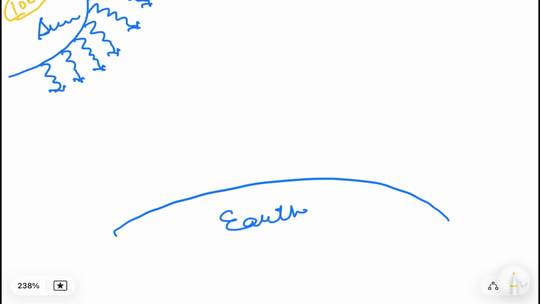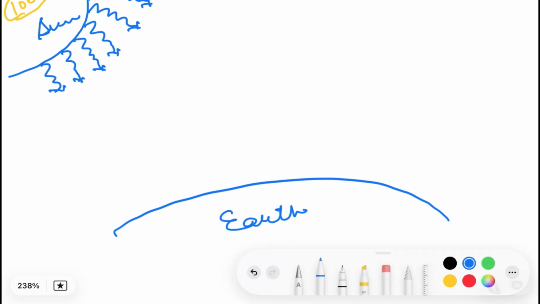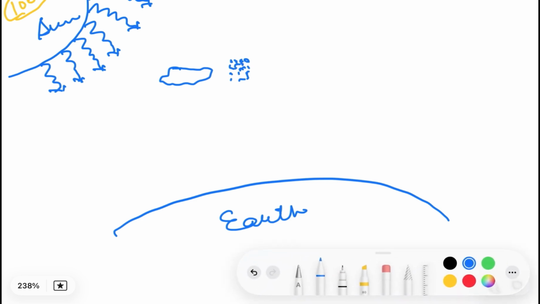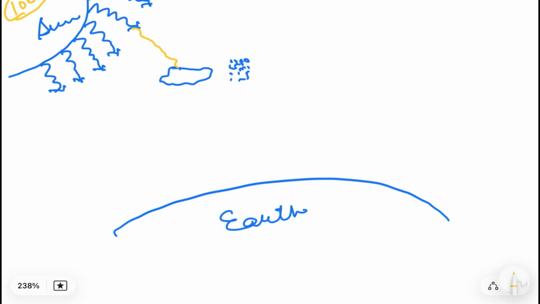Now suppose there are the clouds. There are some aerosol particles also. When this radiation comes to the cloud, it is radiated back from the clouds, that is the 27%.